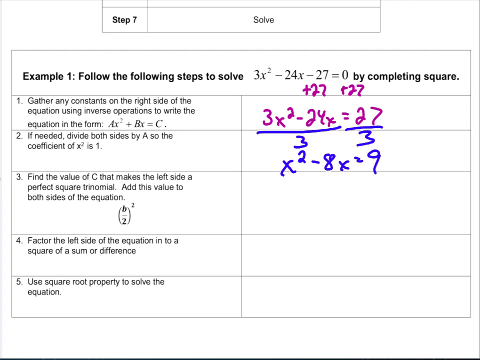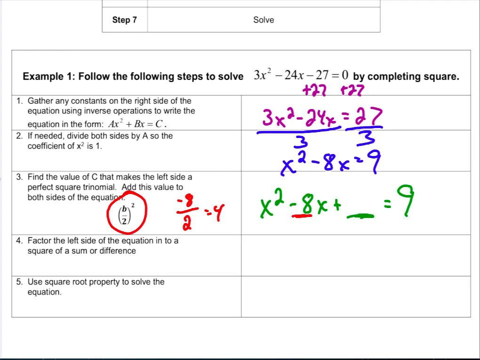Okay? Now, we're going to complete the square by filling in that last term, and that 9 is just going to hang out there. So we do that by looking at that b term. We're going to divide it in half, and then we're going to square it. So I have negative 8 divided by 2 is negative 4. Negative 4 squared gives me 16.